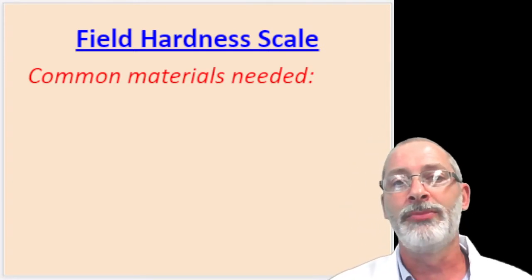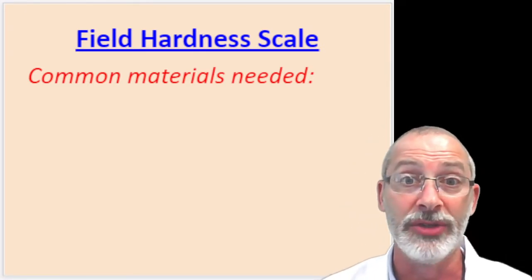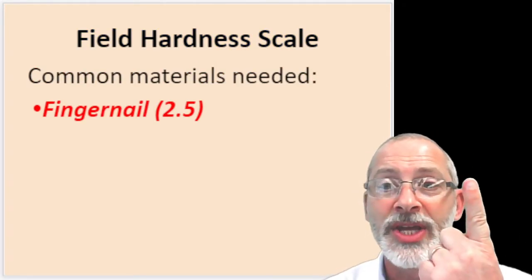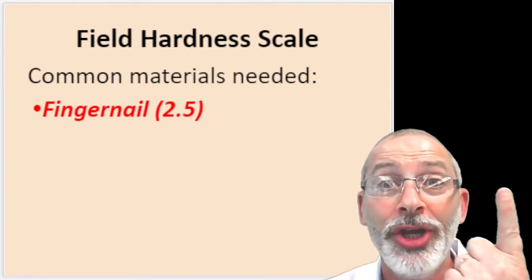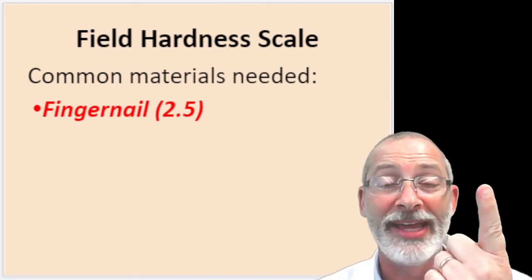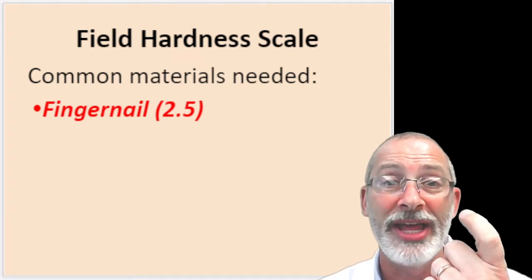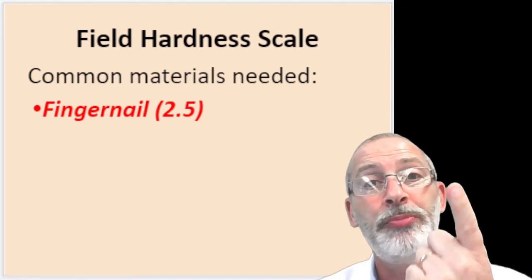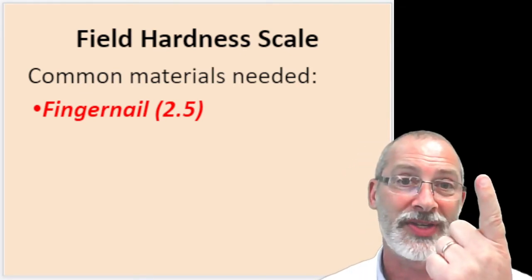So again, there are some more common materials for field hardness scale, beginning with something that's already attached to you, your fingernail. If you are a healthy individual, your fingernail has a hardness of about 2.5 on Mohs hardness scale.